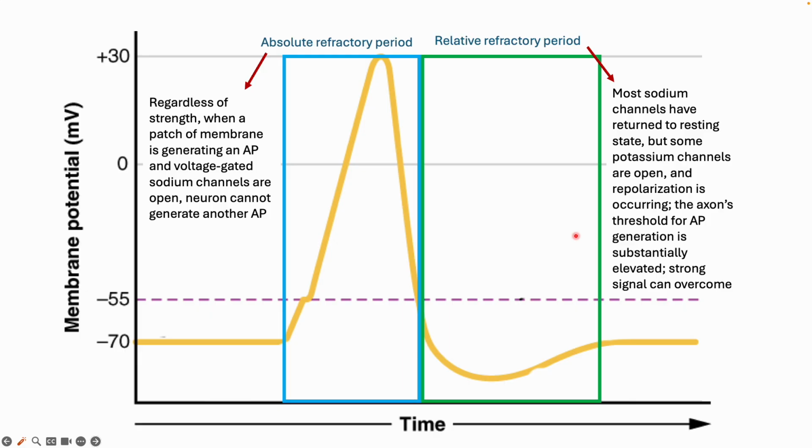However, when most sodium channels have returned to the resting state, but some potassium channels are open and repolarization is occurring, the axon's threshold for AP generation is elevated, so only a strong signal can overcome it. So these are going to be the absolute refractory and relative refractory periods. Absolute, when you absolutely cannot initiate another action potential. Relative, when it's going to take more of a stimulus to cause an action potential than you would normally get.